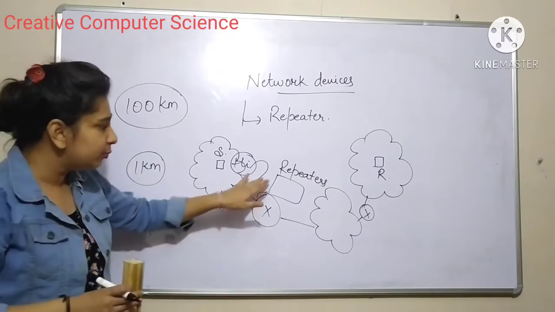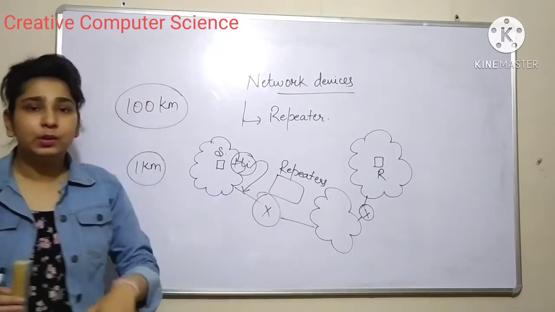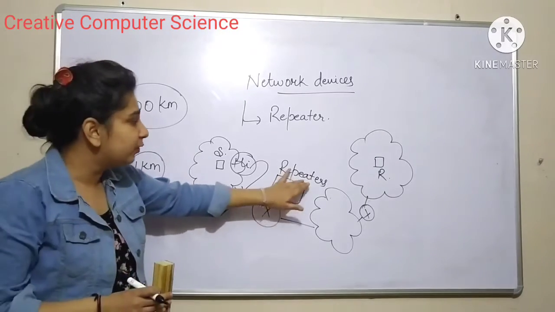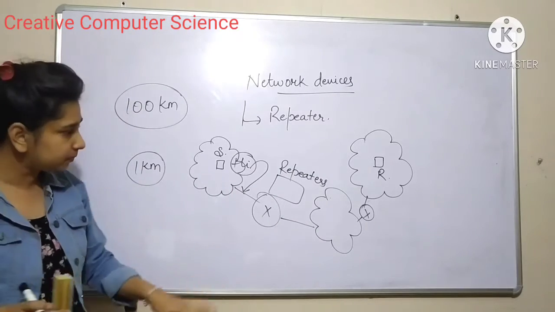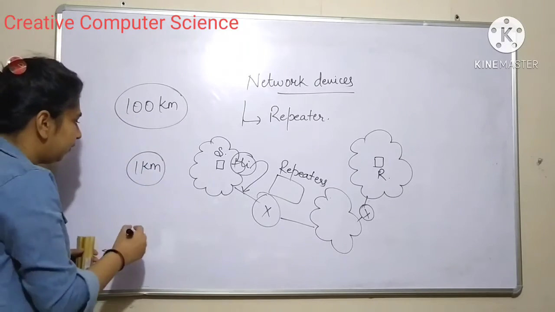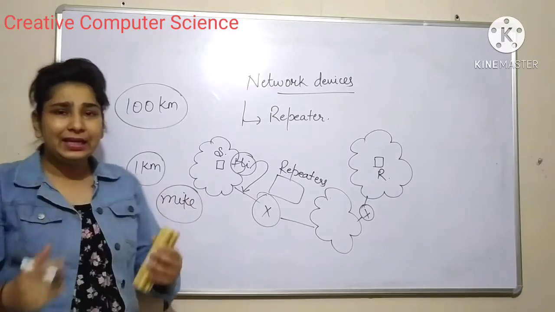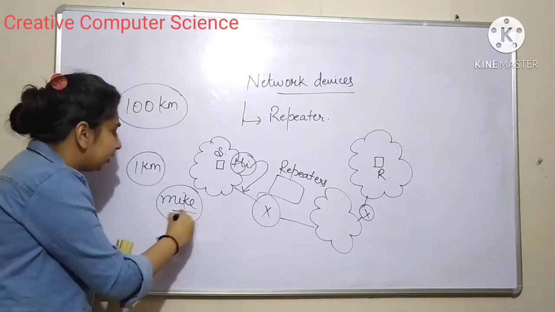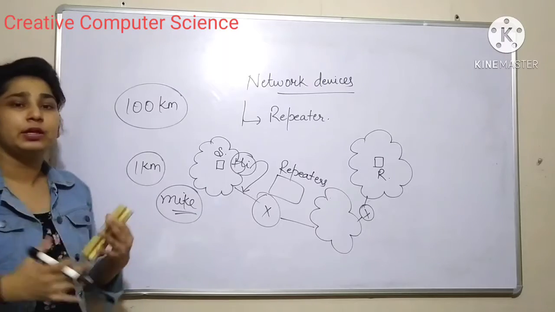After every kilometer, you add a repeater which increases the strength of your signal to the original strength. Let me give you one example of a mic. The purpose of a mic is to increase your sound.